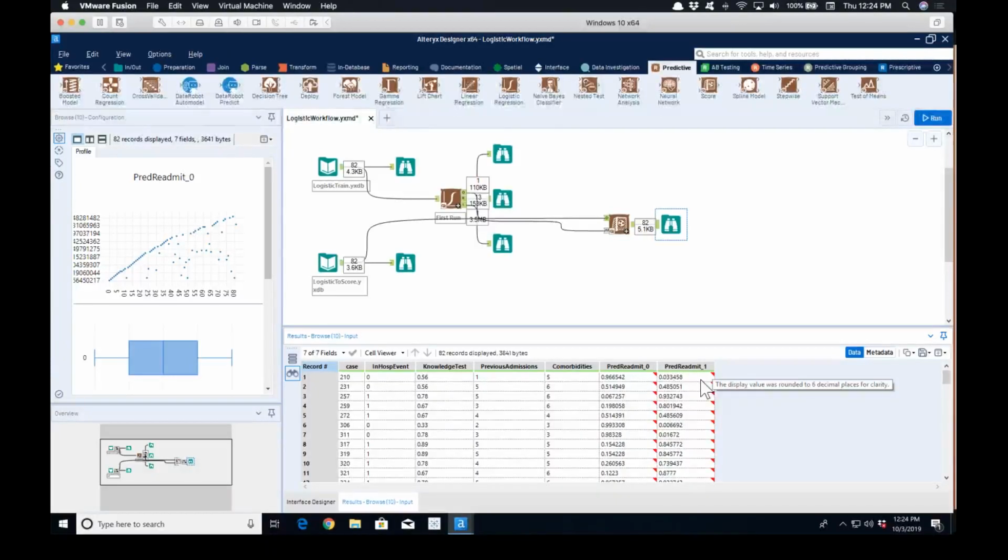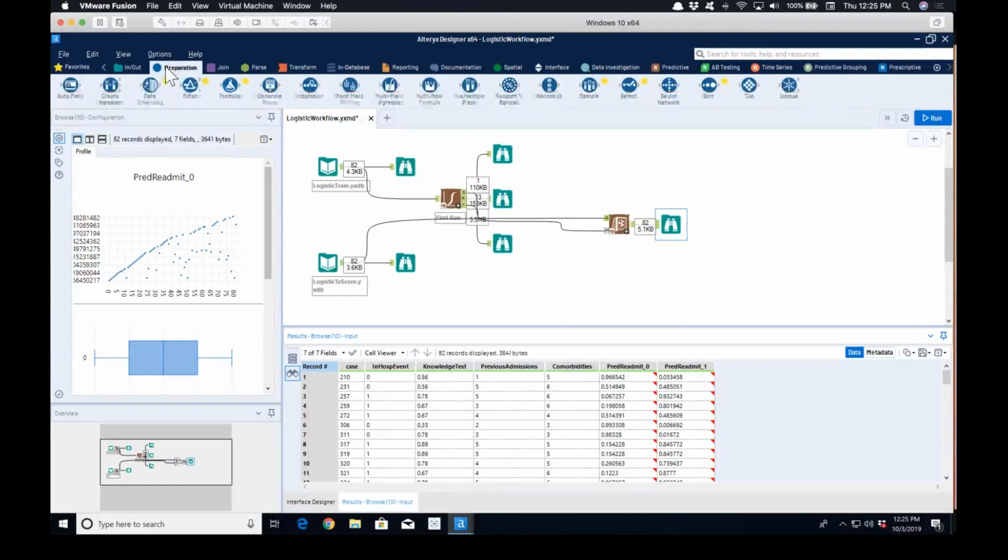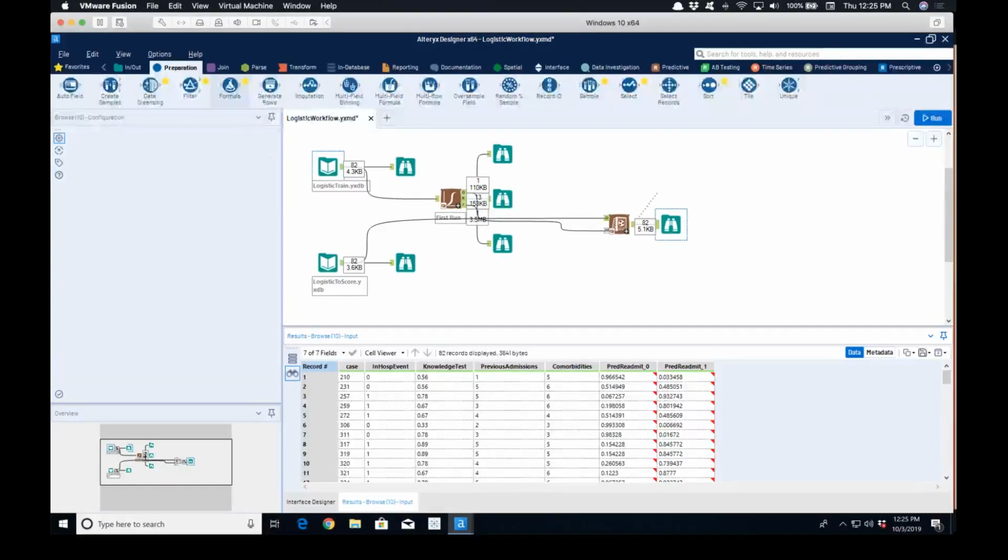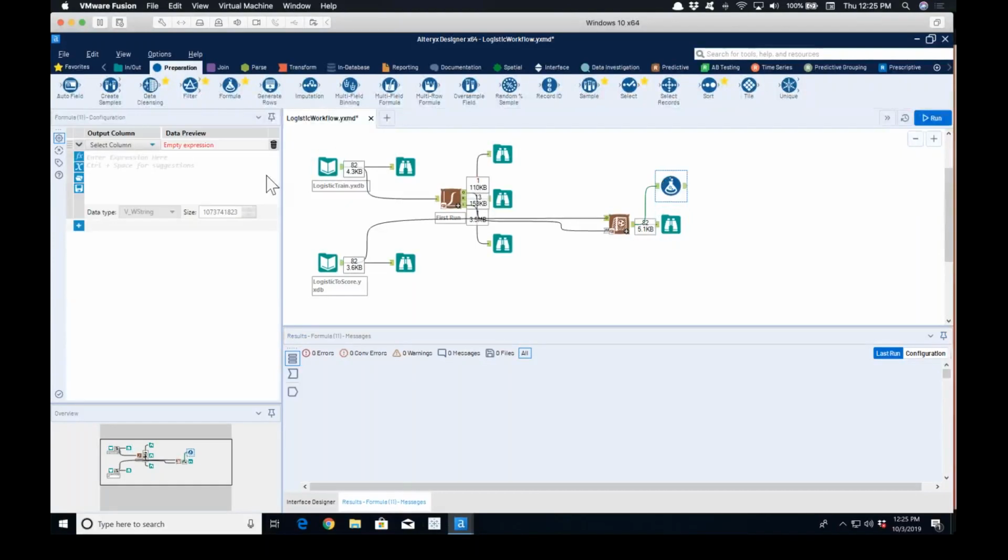Now, you may be thinking to yourself, hey, it would be really nice if we actually just knew which one's a 0 and which one's a 1. We can absolutely do that. So we'll pull out a formula tool and we'll connect it in here. And here's where we have to make a decision. We're going to make a new variable for ourselves. We'll call it readmit 0, 1.